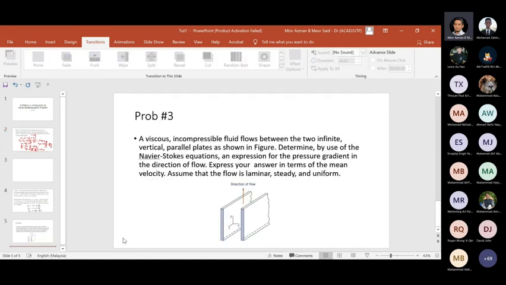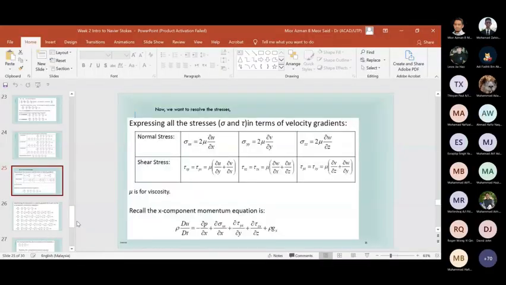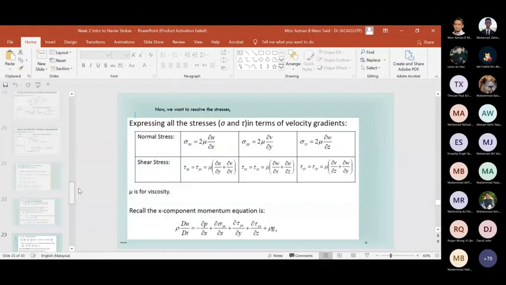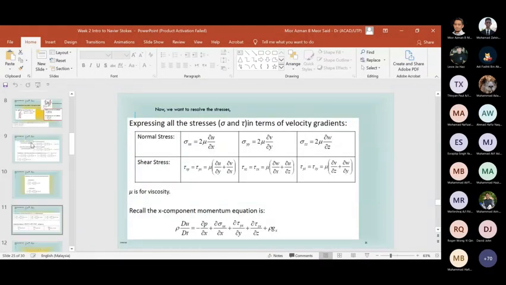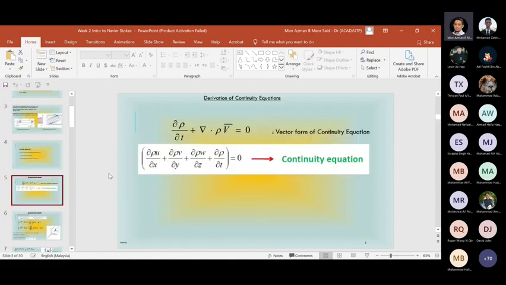From the continuity equation, what happens if the flow is incompressible?